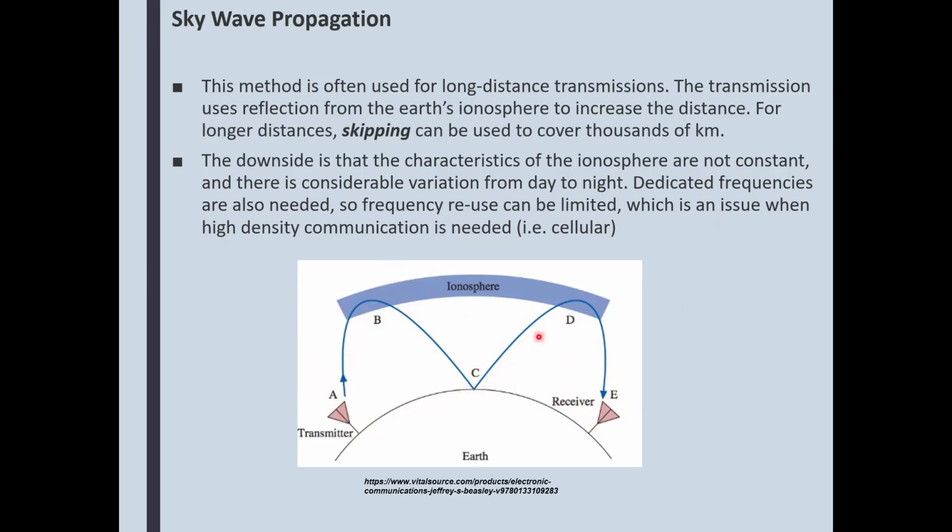But when it comes to this type of skipping, some of the frequencies can interact in an undesirable way, or mix. Frequency reuse can be limited, which is an issue when high density communication is needed, such as cellular communications.